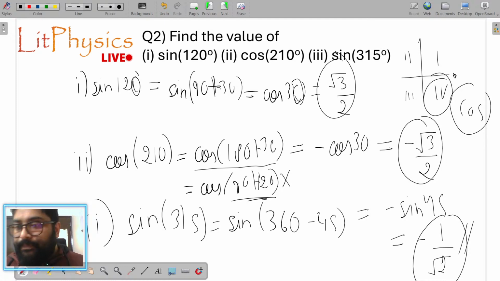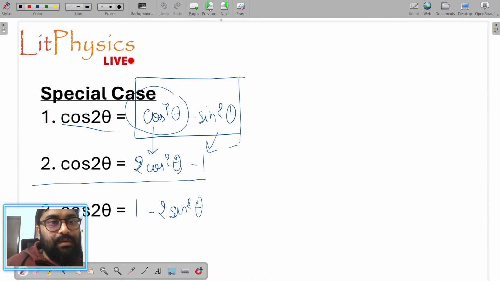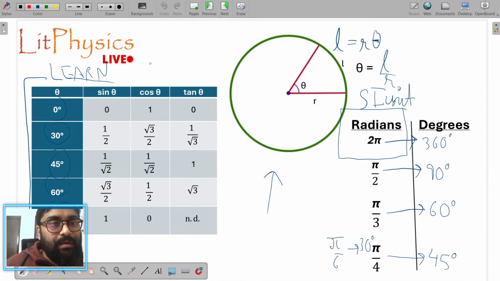So sorry. So if you look before, cos 30 is root 3 by 2.